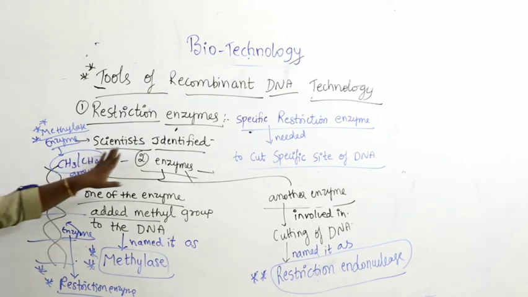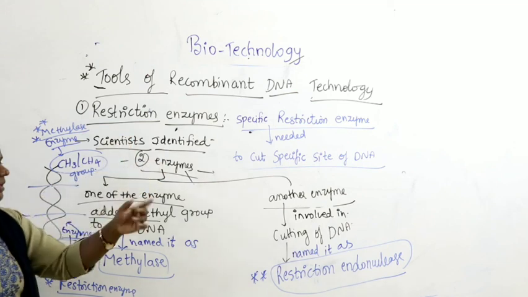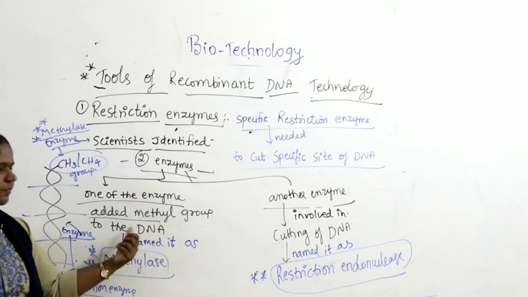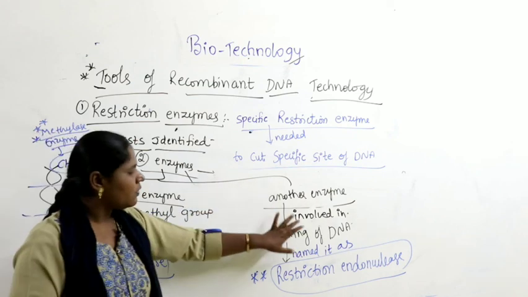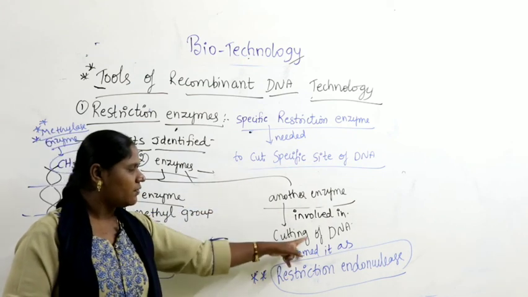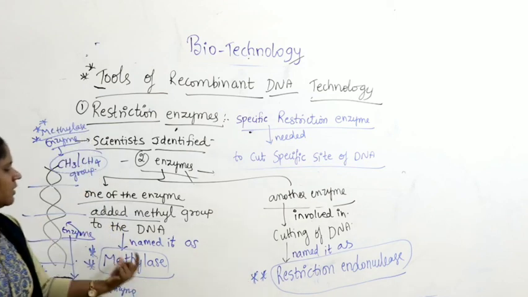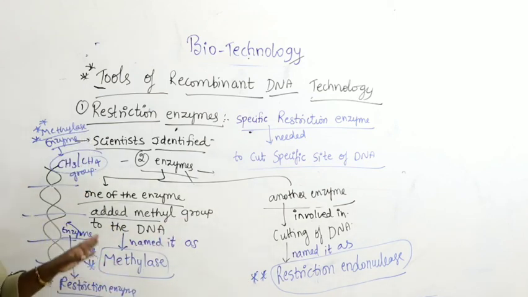So, scientists identified two enzymes. One was responsible for adding a methyl group to DNA, named methylase. The other, involved in cutting of DNA, was named restriction endonuclease. These two enzymes were found to restrict the growth of bacteriophages on E. coli.